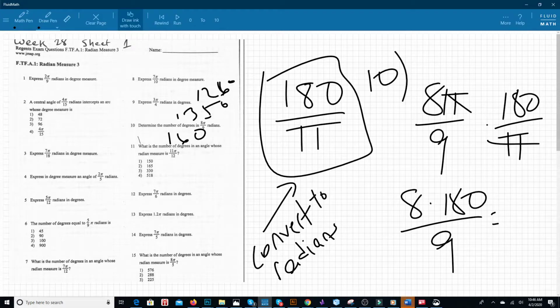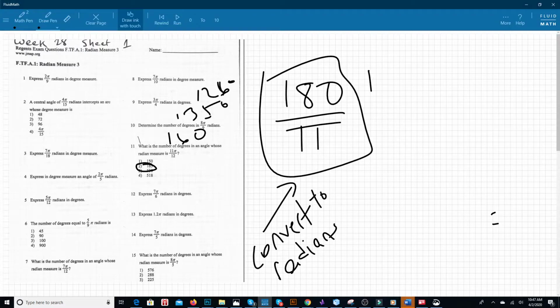Anybody answer for 11? 165? Anybody object? 165? Sorry. Next one, what about 12? Anybody? Well, we didn't get to it.